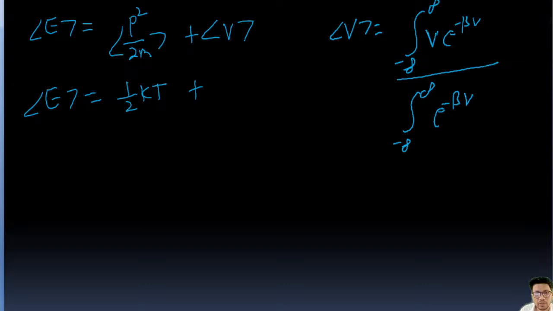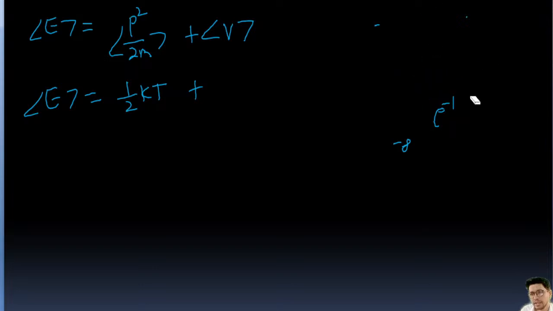So for this we'll find out, this we know, guys. If its energy is E, then we can write beta E. Similarly here, the value of beta we know, that is 1 upon kT, so no need to calculate it.